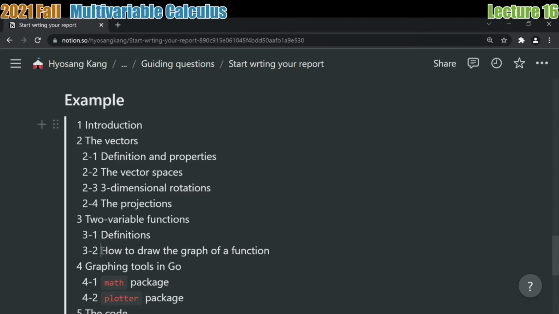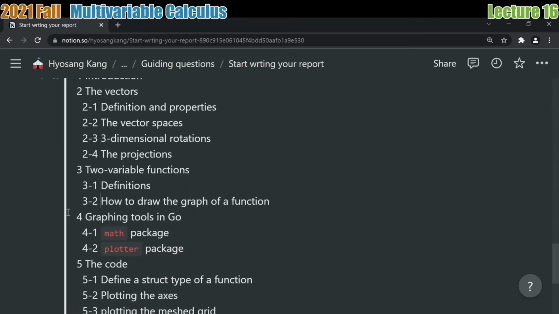So generally 3.2 is how to draw the graph of a function, the preliminary that explains the vague idea of how to use all of the previous parts to really draw the picture in this two-dimensional canvas, right? And then I put in section 4 because in order to explain the code, you have to have at least a basic idea of how Go programming works.